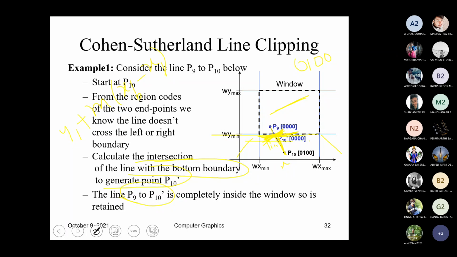Right or not? Are you understanding? Yes, ma'am. You have to perform the AND operation to find which is inside or outside. Clear? Till reaching this intersection point, you have to clip it off.